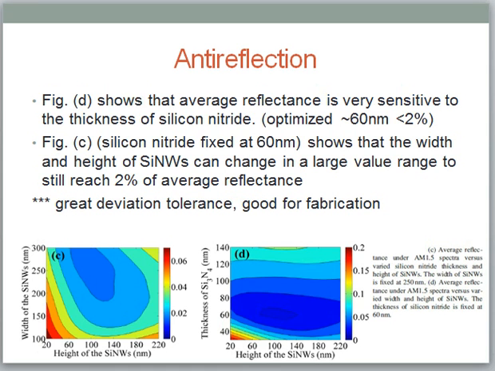From graph D, we realize that the optimized thickness is 6 nanometers. For graph C, we fix it at that. Graph C shows that the width and the height of silicon nanowire arrays can change over a large value range and still reach 2% average reflectance, which is the blue region. What does that mean? It means that it has good deviation tolerance, which is good for fabrication since there is so much tolerance and so much room to work with.